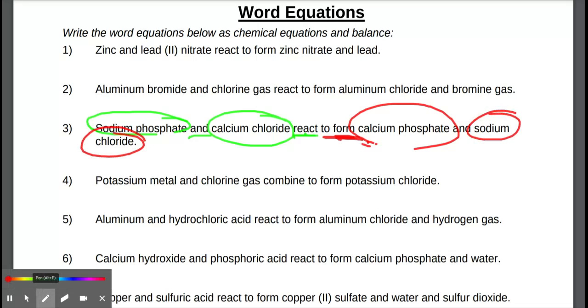Okay. So again, just to write these out, sodium phosphate, so that's Na, that'll be Na3PO4. I didn't need to put the parentheses, but let's just redo that a little bit.